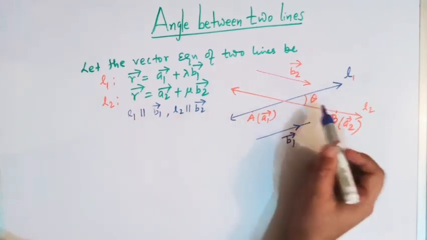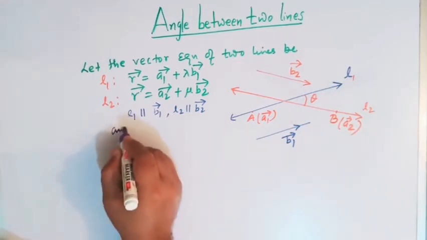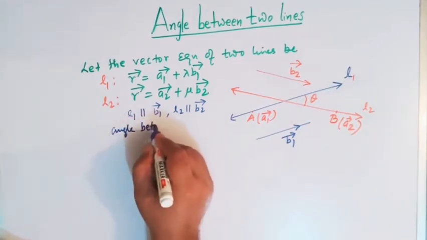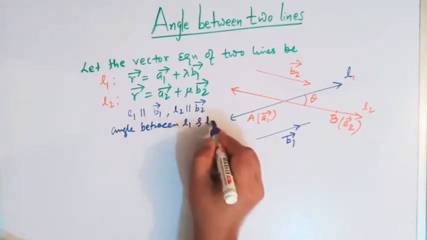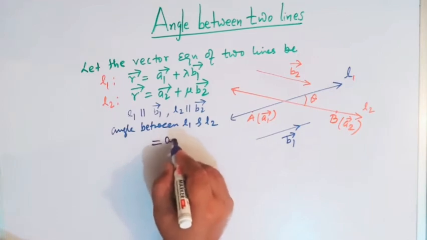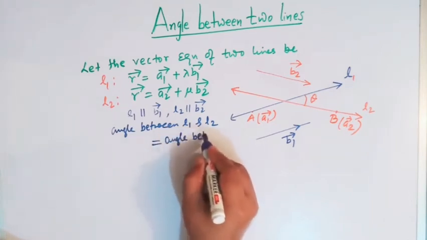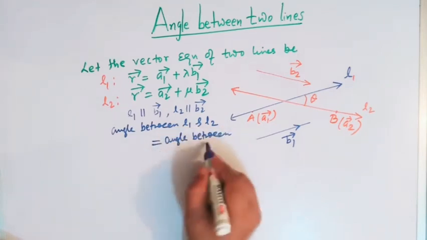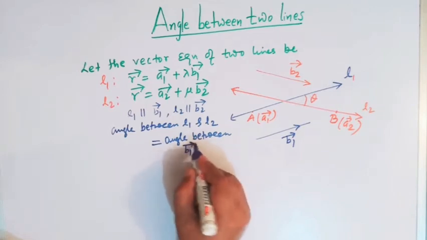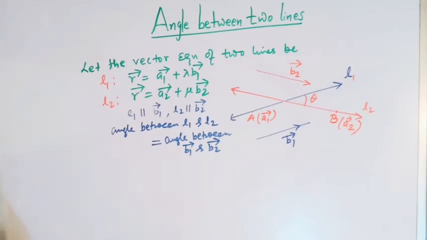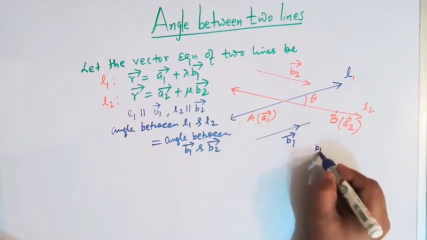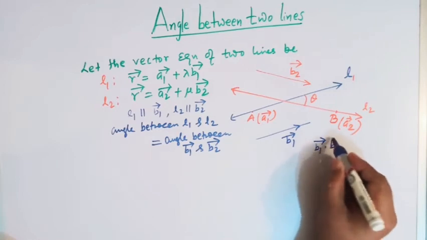So the angle between L1 and L2 is equal to the angle between the vectors b1 and b2, right?